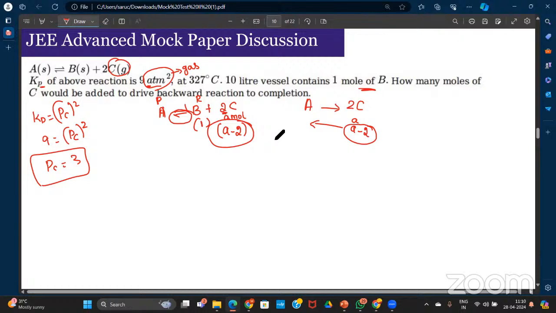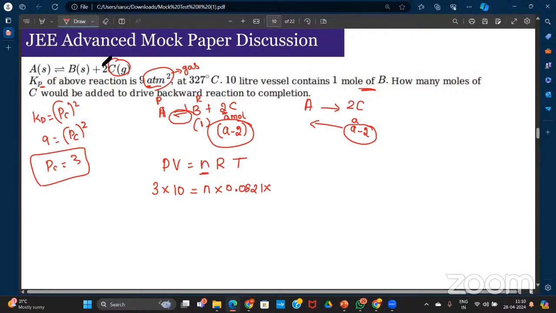Now we know that PV is equal to nRT. Just substitute the values given, and you'll know the n value. So P is 3, into volume is 10 liters, is equal to n into the gas constant 0.0821, because here atmosphere liter is given, into temperature, 327 degrees Celsius.